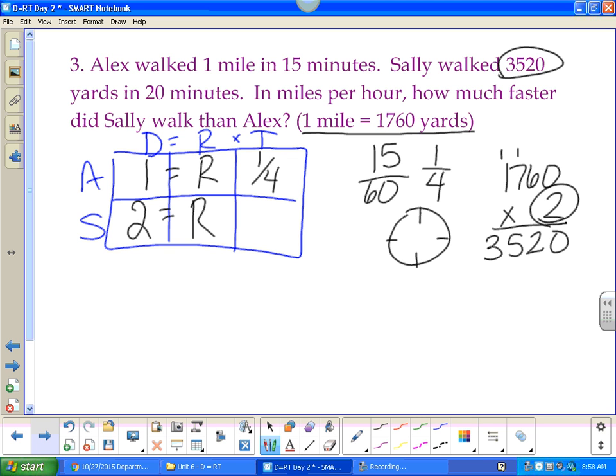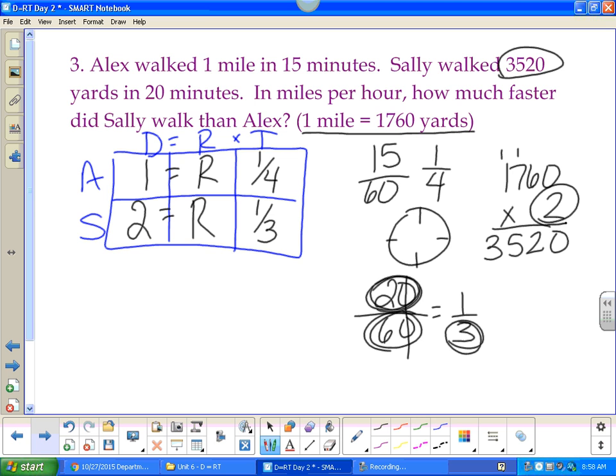Now let's see how long she went. She went for 20 minutes. 20 over 60 is really easy to simplify because you can knock your zeros out. And then 2 over 6 reduces by 2 to give you 1/3. Or you can say there are 3 20 minutes in 60 minutes. Either way.